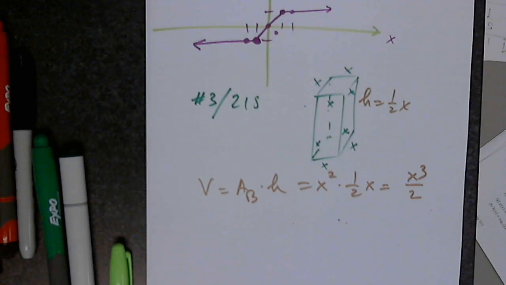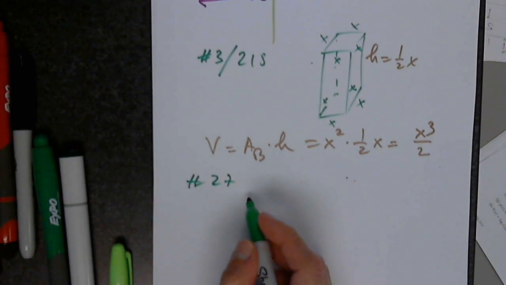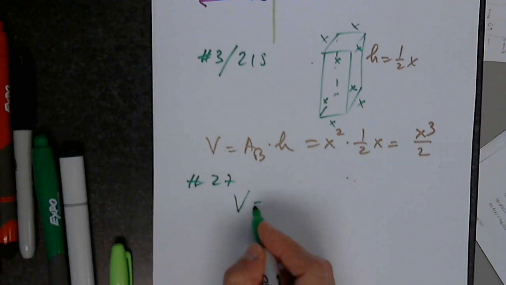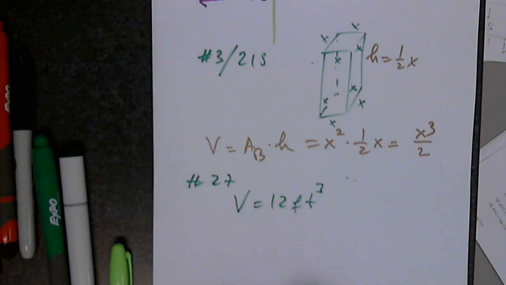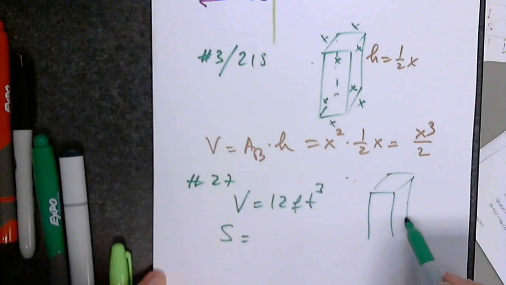An open box with a square base is to have a volume of 12 cubic feet. So it says the volume is 12 cubic feet. Find a function that models the surface area of the box. So the surface area, and it says an open box with a square base. So the same thing we have here. So it's the same graph or figure.